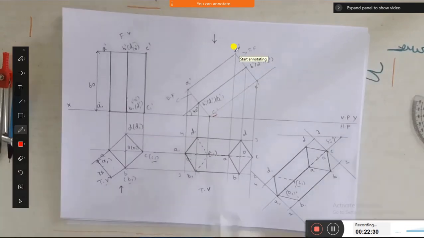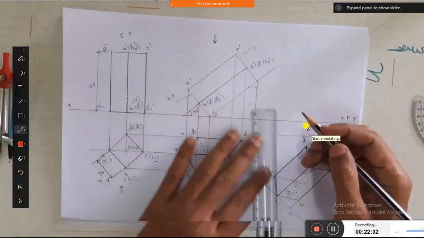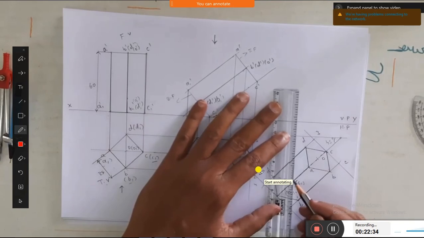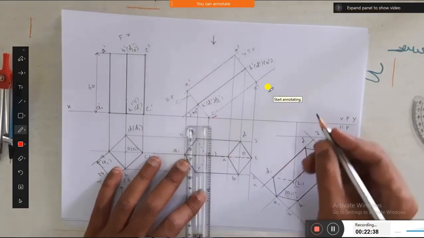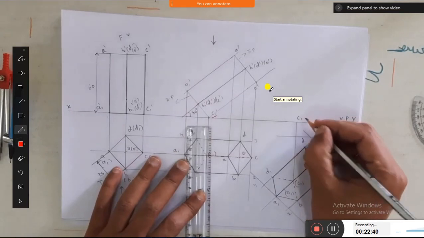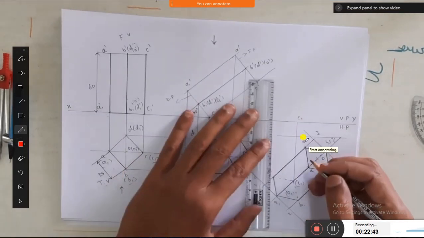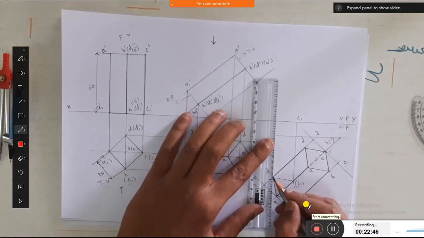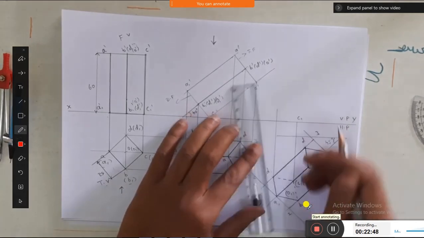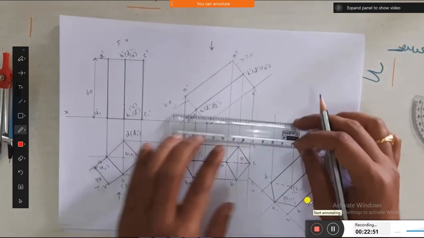So with respect to A dash A, A1 dash A1. So like this you have to mark all the things. First you have to mark C1 dash with respect to C1. Next you have to mark D1 dash with respect to D1, then A1.